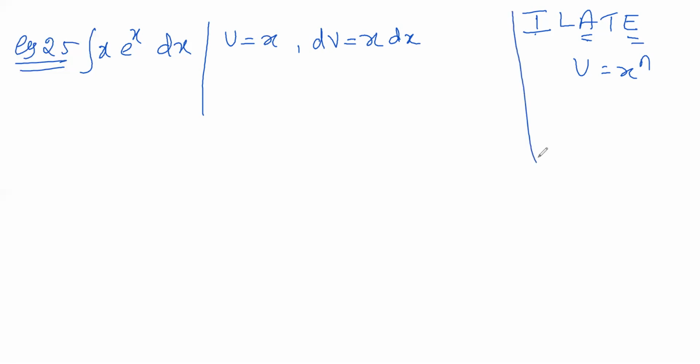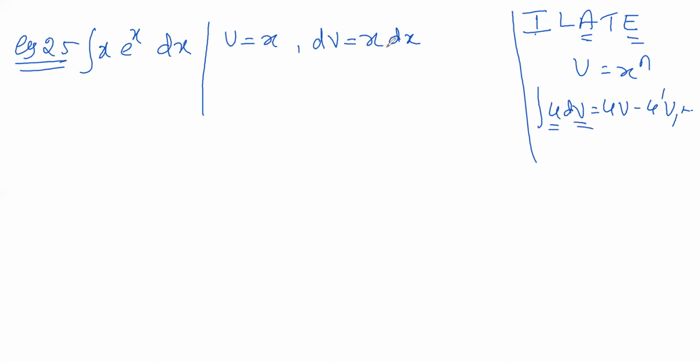What is Bernoulli's formula? Integral u dv is equal to uv minus u dash v1 plus and so on. In that we are taking u as x and dv as e power x dx.